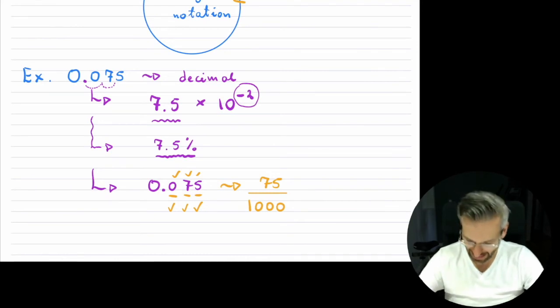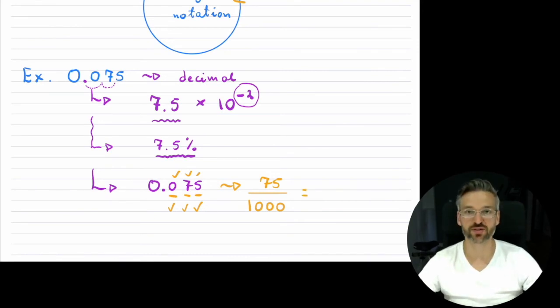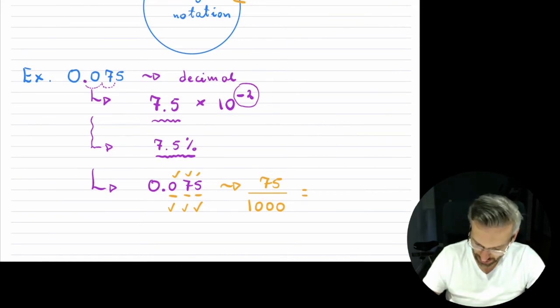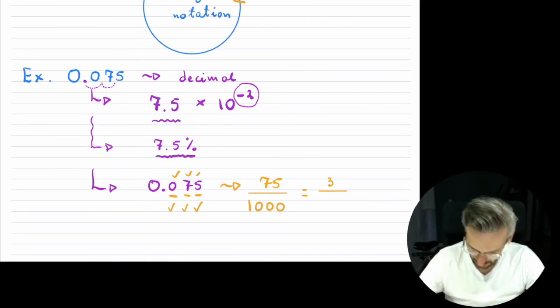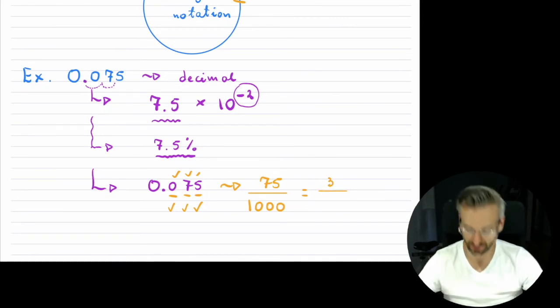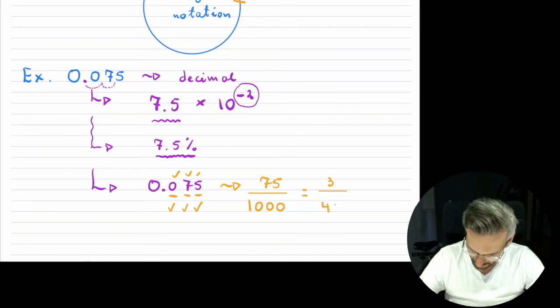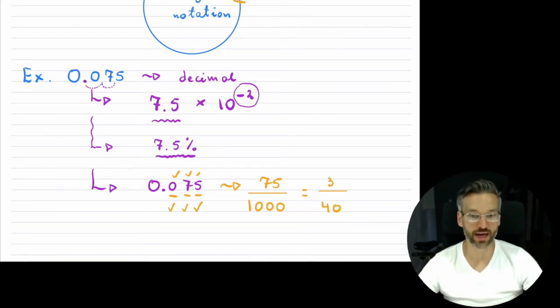And now, of course, you can reduce this, knowing a little bit of fractions. In terms of reduction, 25 will go into 75 three times, and then 25 goes into 1,000 forty times. And you can do that.